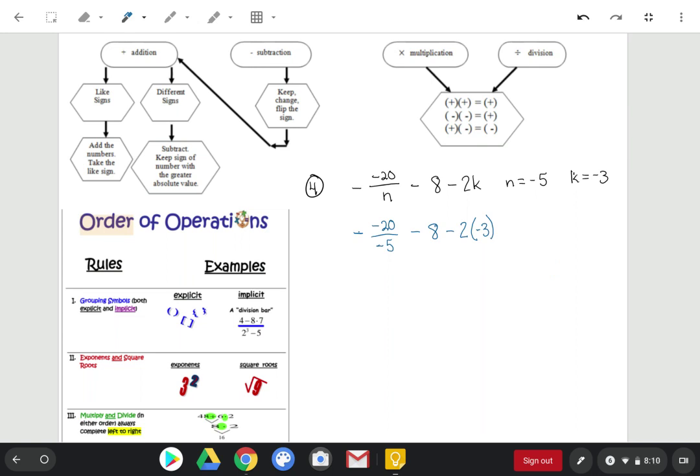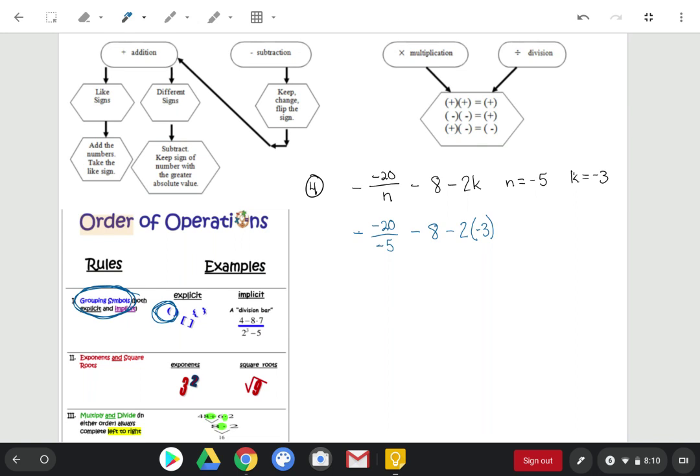Okay, so now that we have substituted in the numbers for the variables, now we need to start examining our order of operations. The first thing we're going to look for is grouping symbols inside of which there is something to do. And I know it looks like we have parentheses, but those parentheses in my problem stand for multiplication. There's nothing on the inside of those parentheses to do.